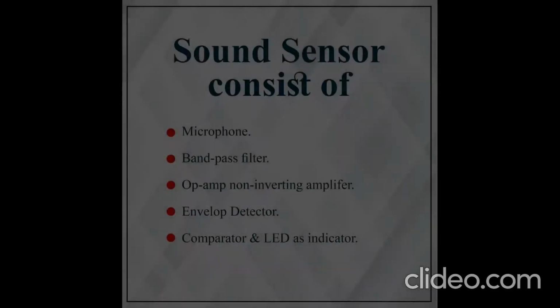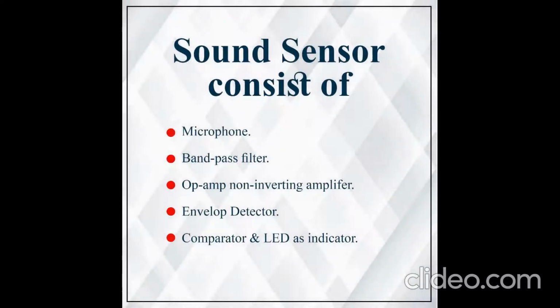So, now let us take a look at the simulation of the sound sensor and its working. So, this is the working of the sound sensor. Okay, so I will explain the simulation of this sound sensor.